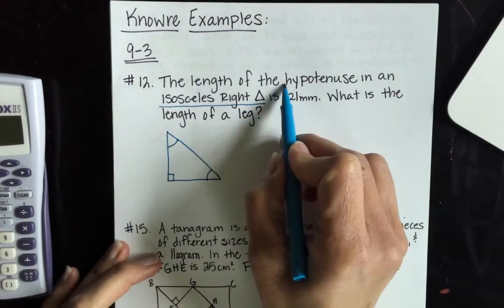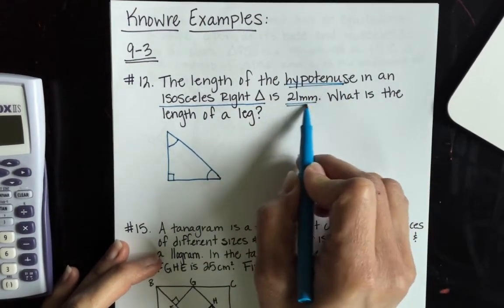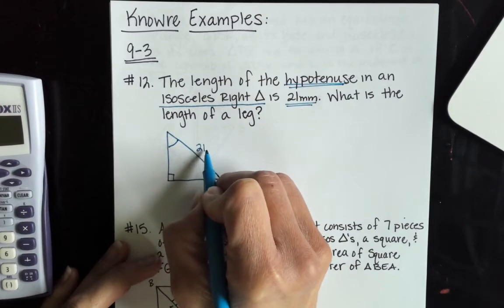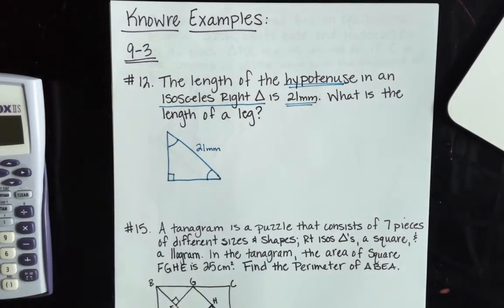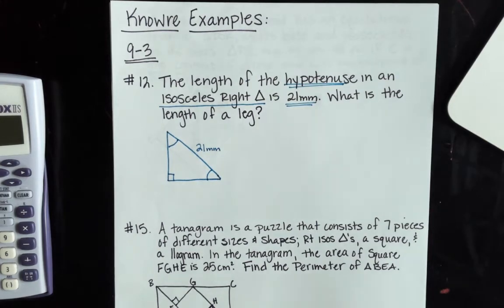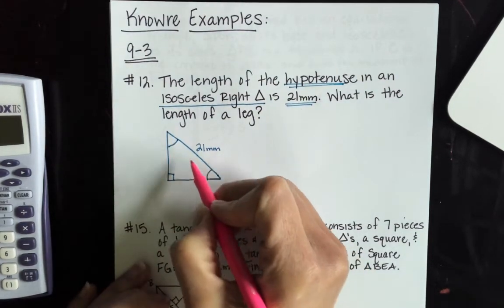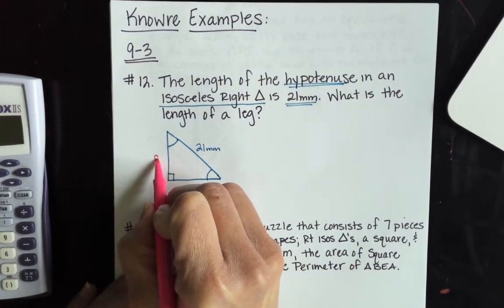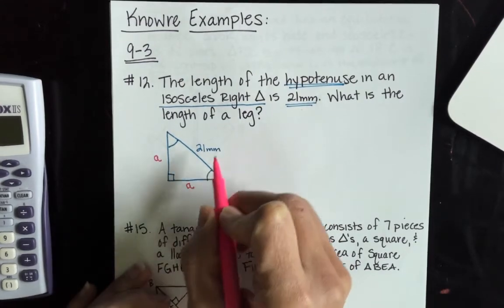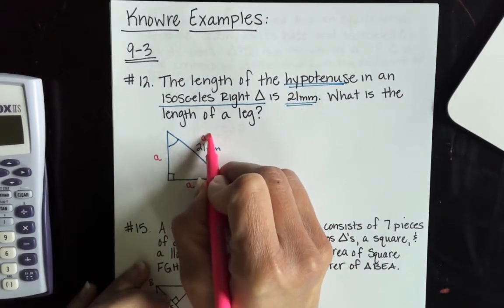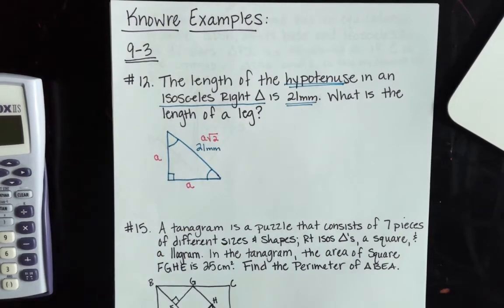and it says that the hypotenuse is 21, so we know that has to be on this side. Because it's an isosceles right, we know that each of these are 45, so we're going to put our formula in around it, and we have a, a, and a radical 2.